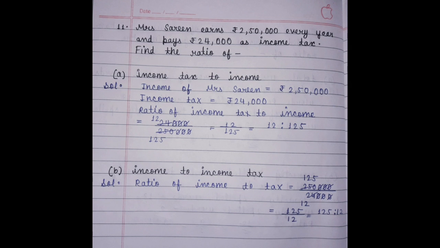Ratio of income tax to income is equal to, we will find the simplest form of 24,000 by 2,50,000. So the simplest form is 12 by 125. So the ratio is equal to 12 is to 125. (b) Income to income tax. Ratio of income to income tax is 125 is to 12.